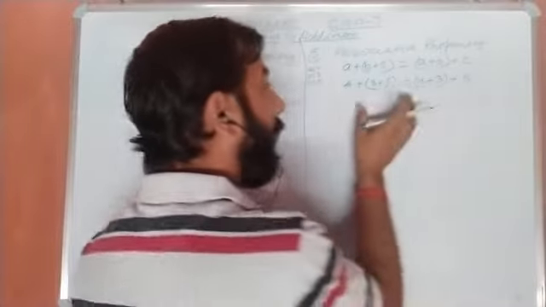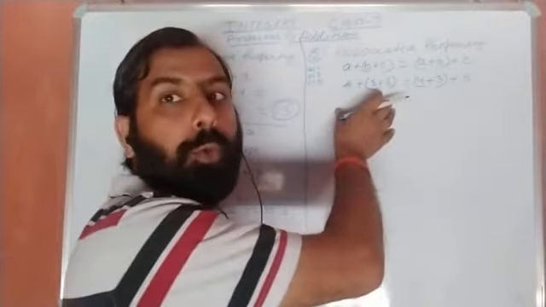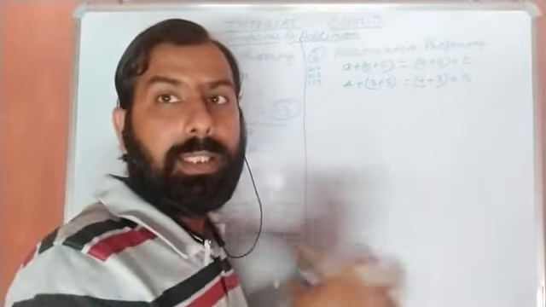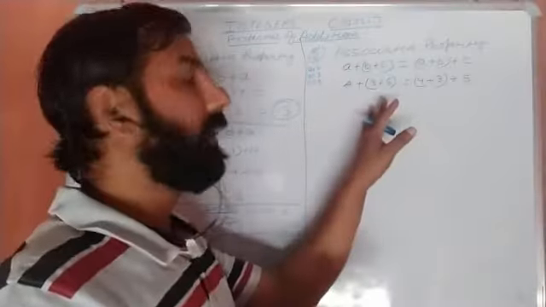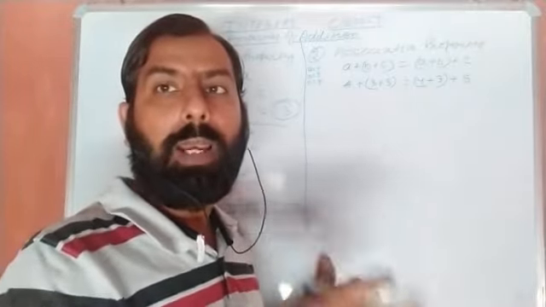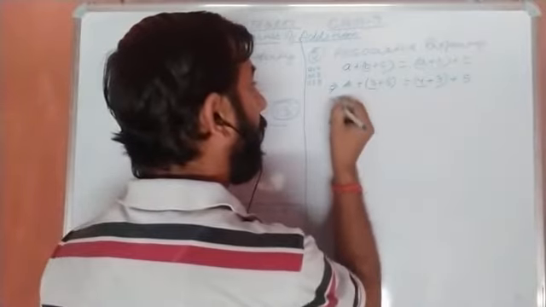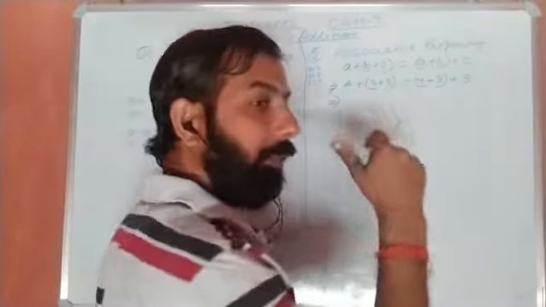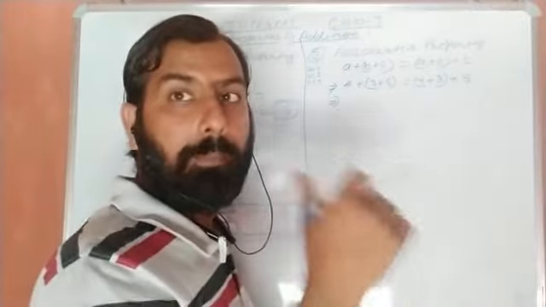Here the idea is to group: how you will add in an easy way. This makes the addition easier while grouping the digits. Now you will solve as per BODMAS. First we have to solve the bracket.